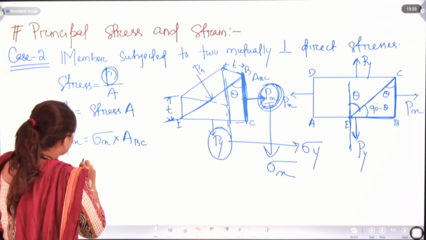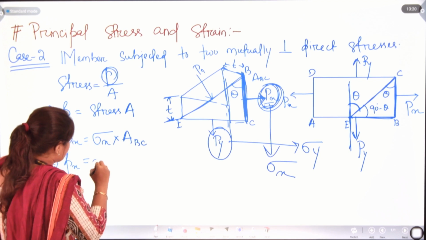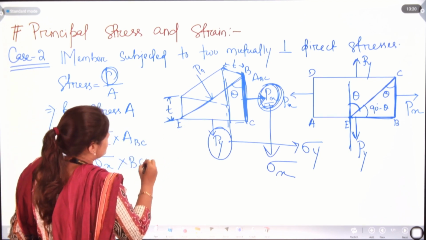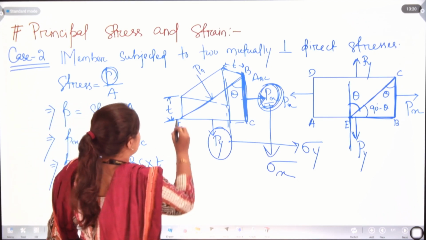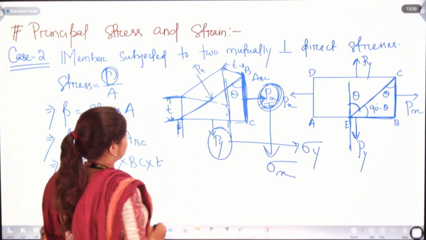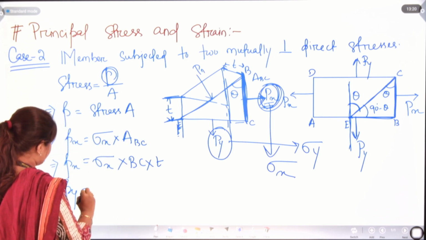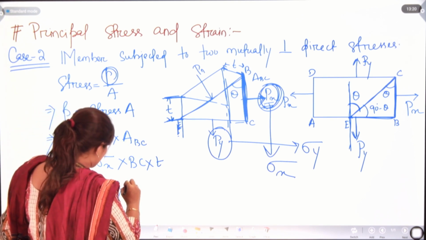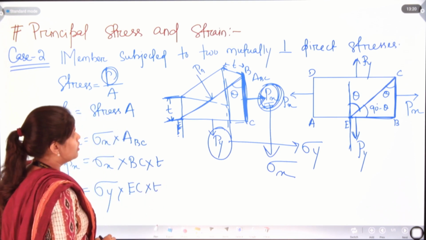So, we can write Px is equal to sigma x into BC into thickness T, right? Also this thickness is T, and here we have EC. So, in Py we can write sigma y into EC into T.